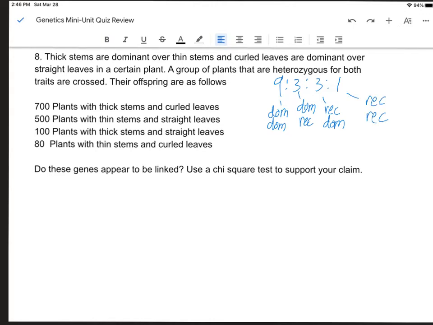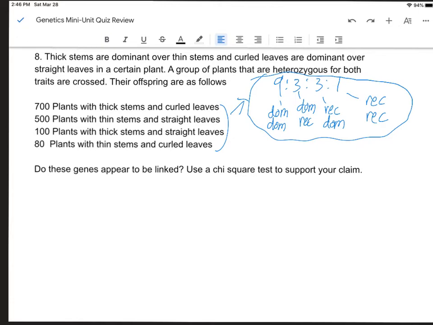You can feel free to do the Punnett square, but you should see that for the phenotype ratios, you should come out with this. So now the question is, do these numbers match that ratio or not? If they don't, then we can say that these genes appear to be linked. It appears that they are not assorting independently, like we would expect from our Punnett square.